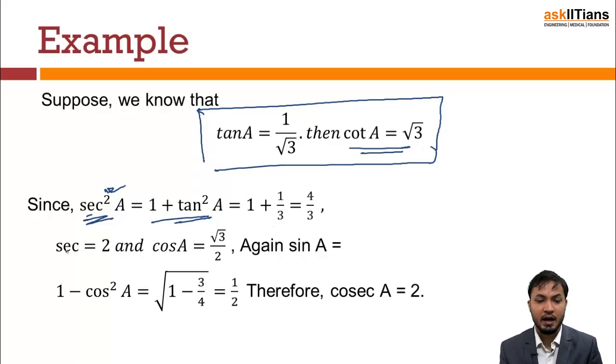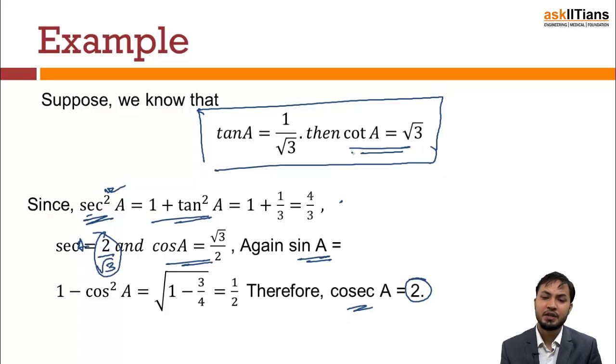If I solve this, this will basically give me sec A equal to 2 by root 3. And I get my cos A will be equal to root 3 by 2. Again, if I have sin square A equal to 1 minus cos square A, I apply that. Therefore, my cosec A will be equal to 2. So if I basically know one trigonometric ratio, I can apply identities anywhere, and I can get different values of the trigonometric ratios.